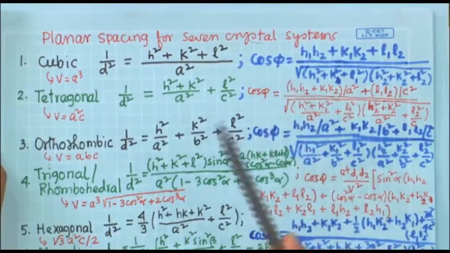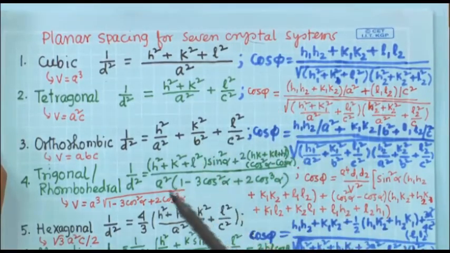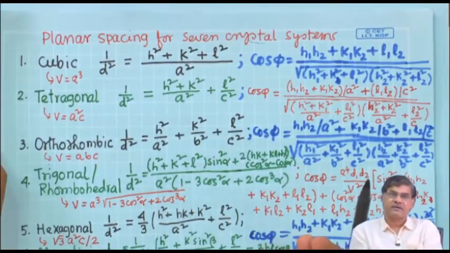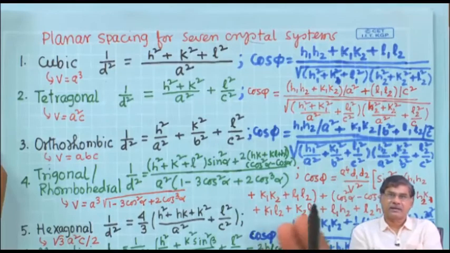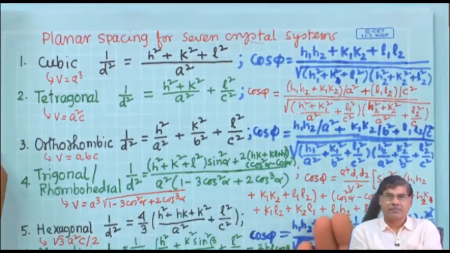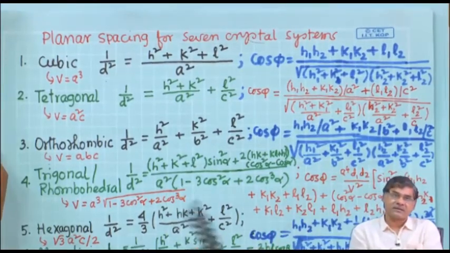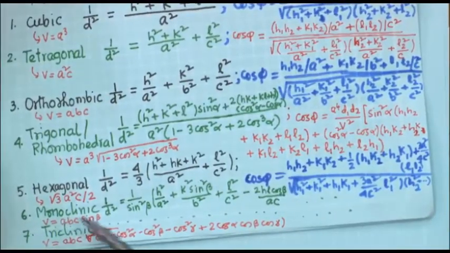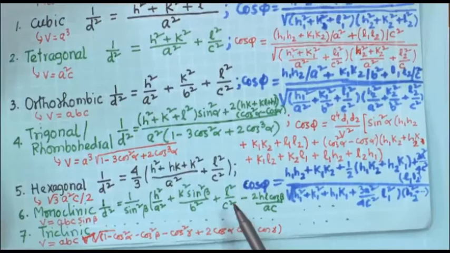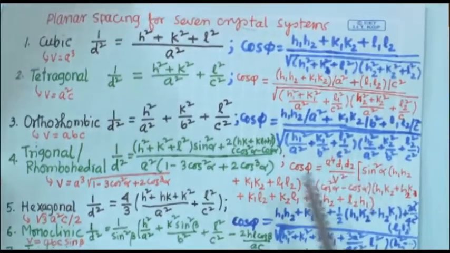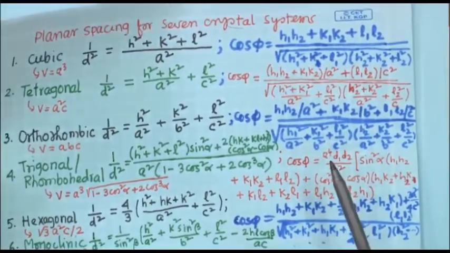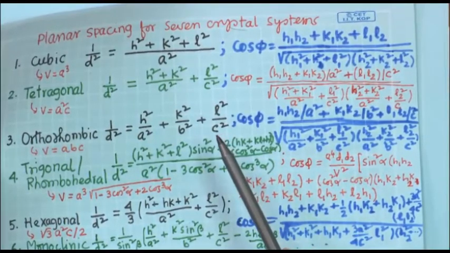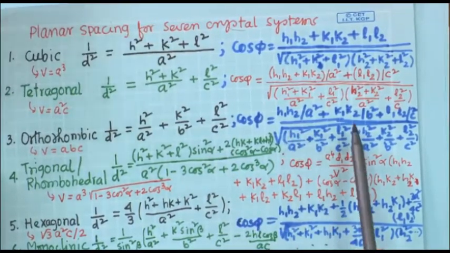In case of cubic structure we do not need alpha, beta, gamma, because we know it is 90 degrees. But in case of other structures, say triclinic or monoclinic, the angles are different. Here you can see all the relations in terms of a, b, c and h k l values.